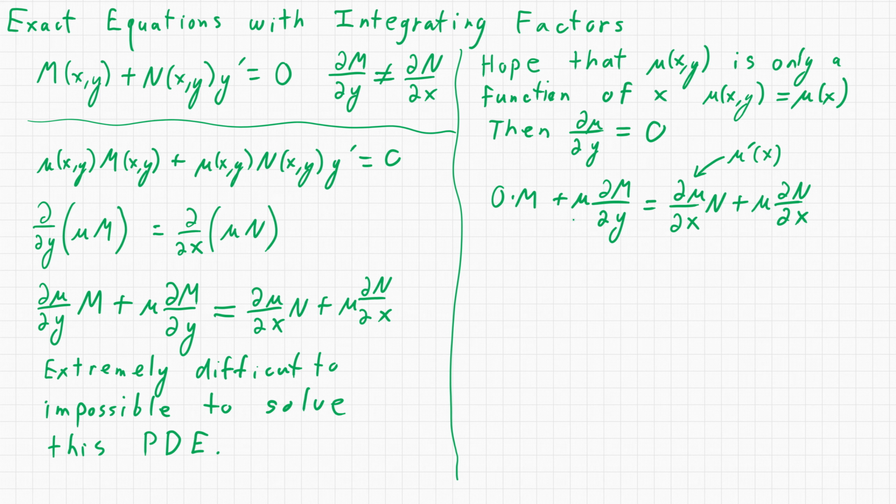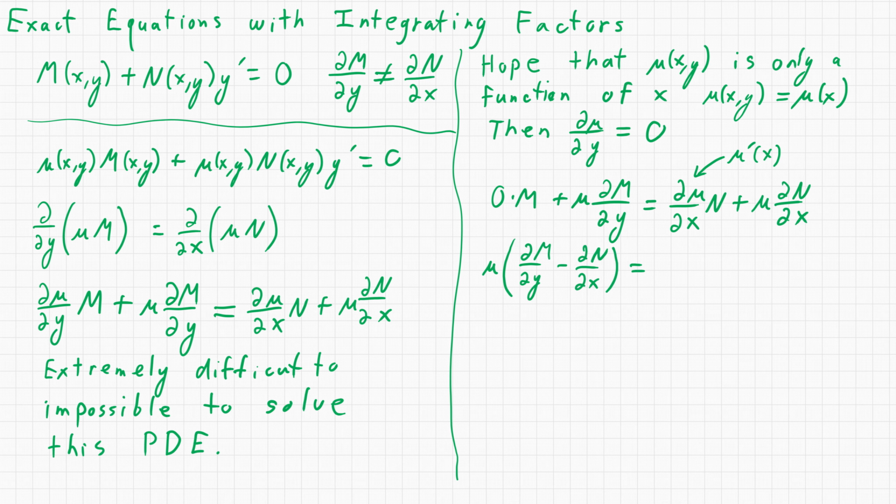If I do that, I end up with mu times partial M partial y, and subtracting this mu over, mu gets factored out, and I have a minus partial N partial x.